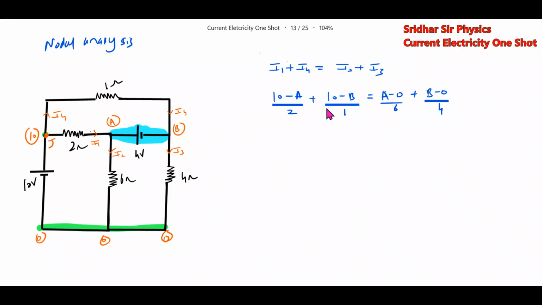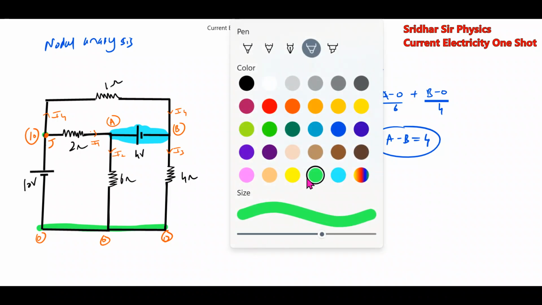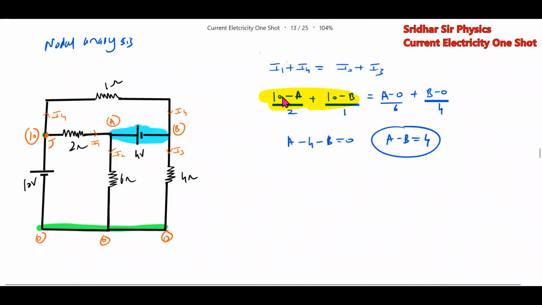A and B are unknown, so we'll write one more equation: A minus 4 minus B equal to 0, so A minus B equal to 4. Two equations, two unknowns. So these are some problems related to nodal analysis.